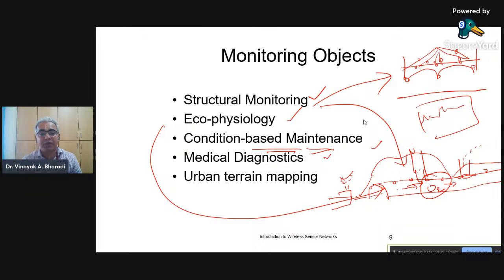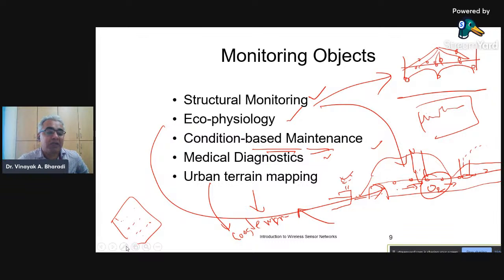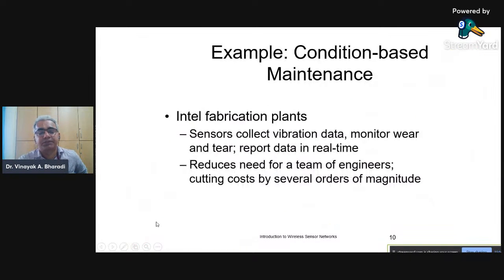And urban terrain mapping, where GPS-kind of mapping happens as your object moves. A very good example of this is Google Maps. It uses satellite images as well as local moving objects to map the terrain as well as get the traffic conditions.